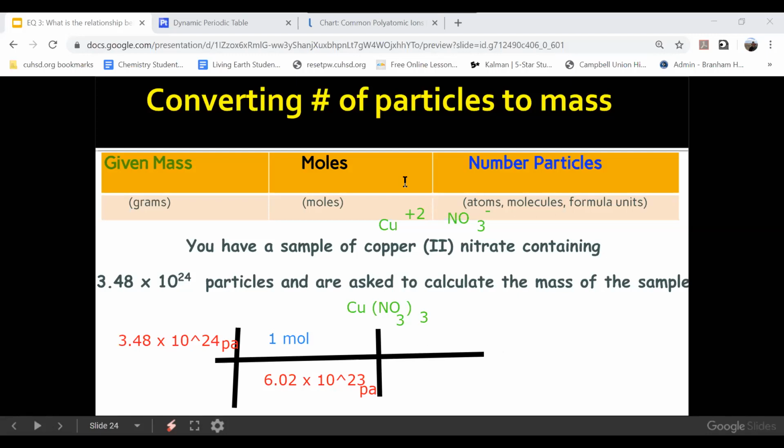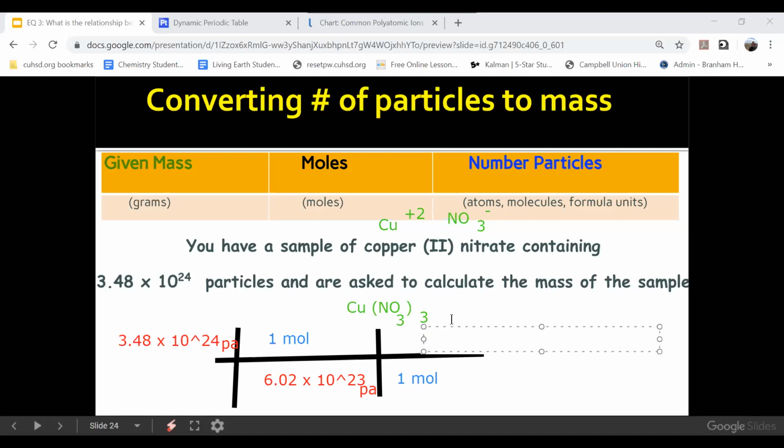Next thing we have is we're going to look at moles. We're not looking for moles, we're looking for mass. So the next step is going to be putting 1 mole on the bottom, in that blue color. So 1 mole. And at the top, we're going to end up with whatever the mass is.